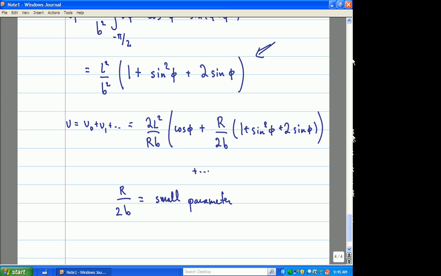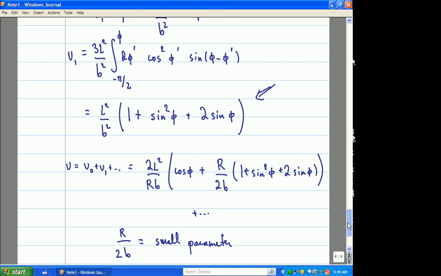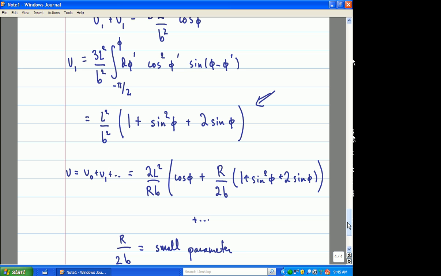Yes, question? In the integral for the Green's function, why are we working from minus pi over 2 to phi and not from minus pi over 2 to pi over 2? Because we're using the method of Green's functions, that's what you do. There's a phi minus phi prime in the Green's function. But if you want u of phi, you only want to take into account the driving forces which happen earlier, right? Is that clear?